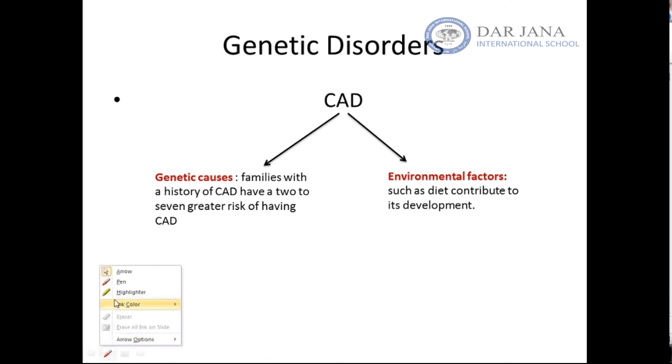Genetic cause, why? Because families with a history of CAD have a 2 to 7 times greater risk of having CAD. So it has a genetic component. It has a genetic cause. So families with a history of CAD have a higher risk of having this disease or this disorder.